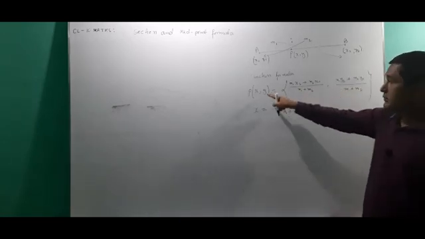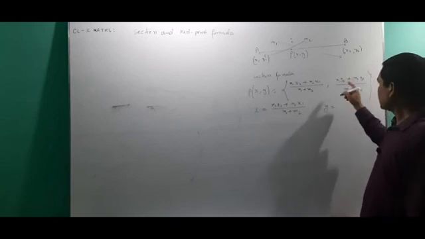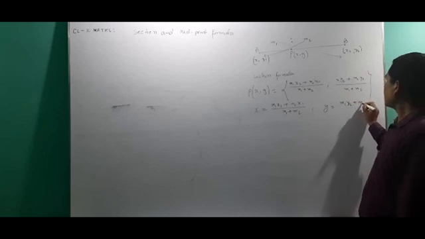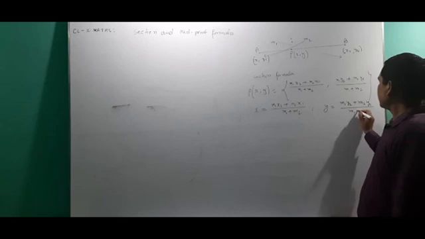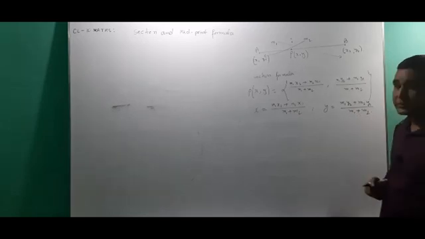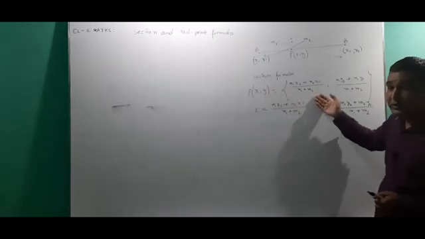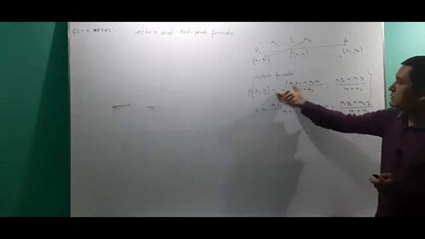And the second formula is for y, so you can get the y also separately: m1 y2 plus m2 y1 divided by m1 plus m2. Okay, if you want to find the value of x and y together, you can find it. If you want to find them separately, you can find them separately by using the formula.